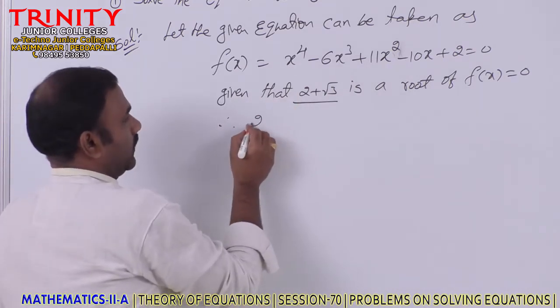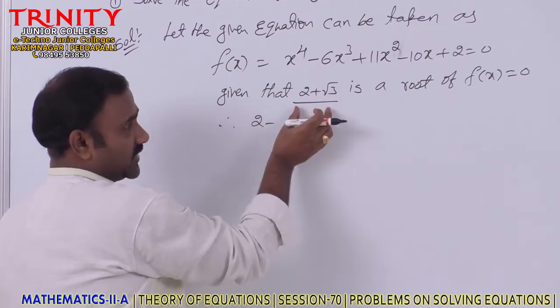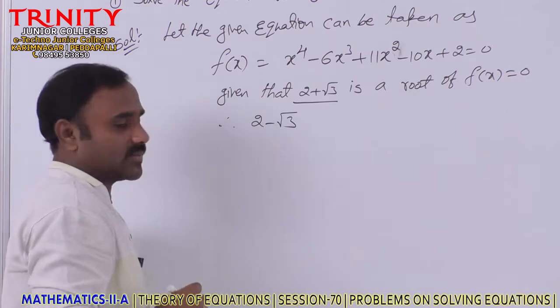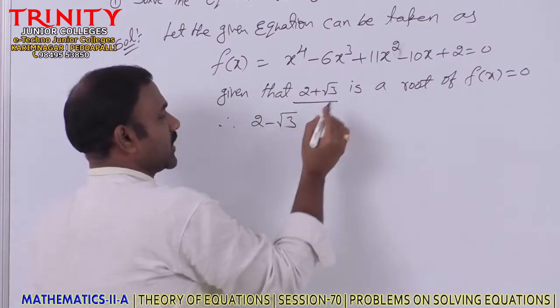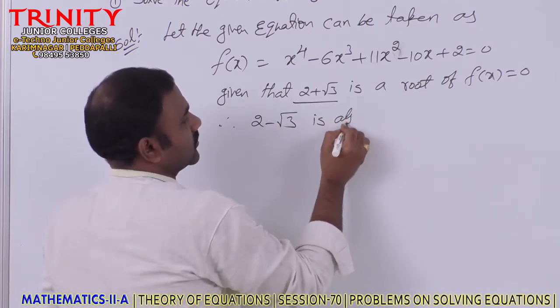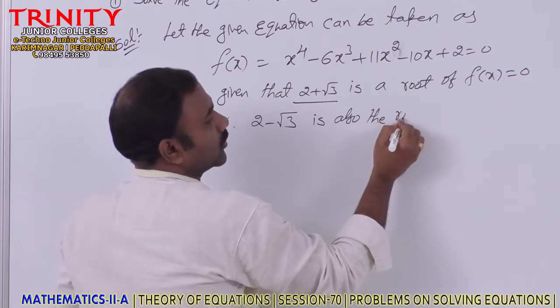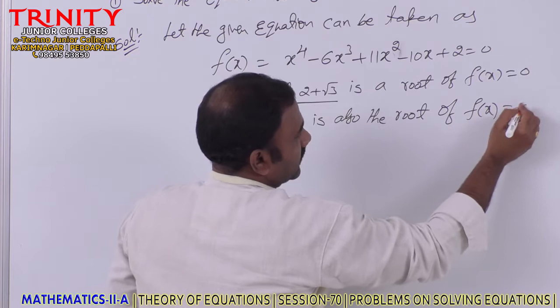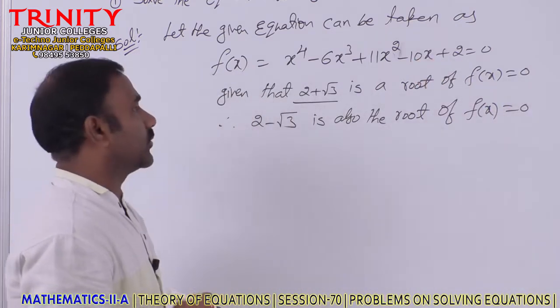Therefore, its conjugate. Why? Because it is irrational, therefore its conjugate is also always a root. 2 minus root 3 is also a root of f of x equal to 0.